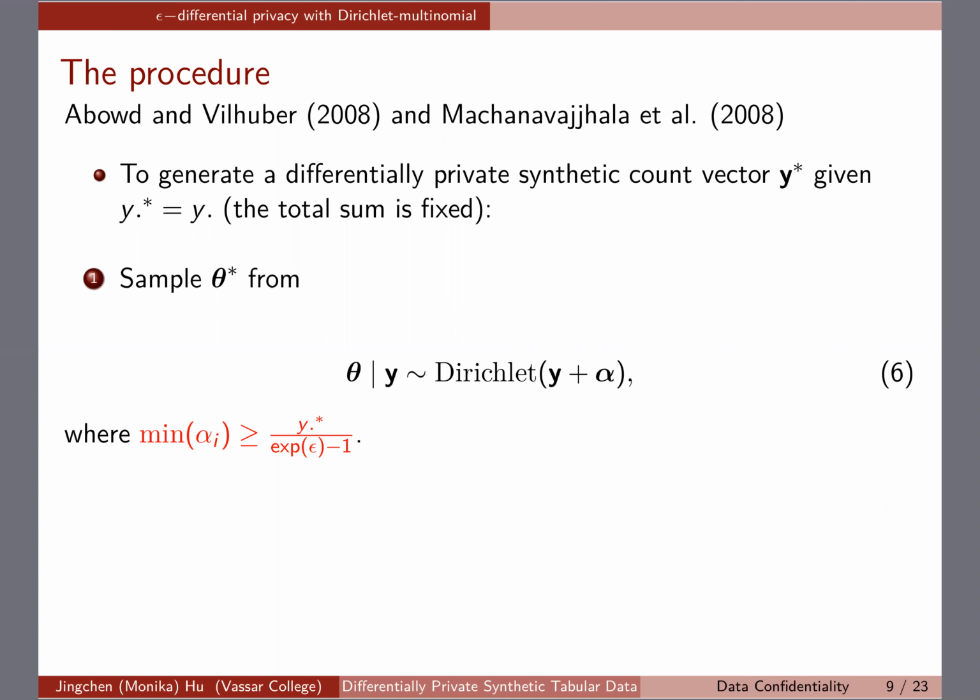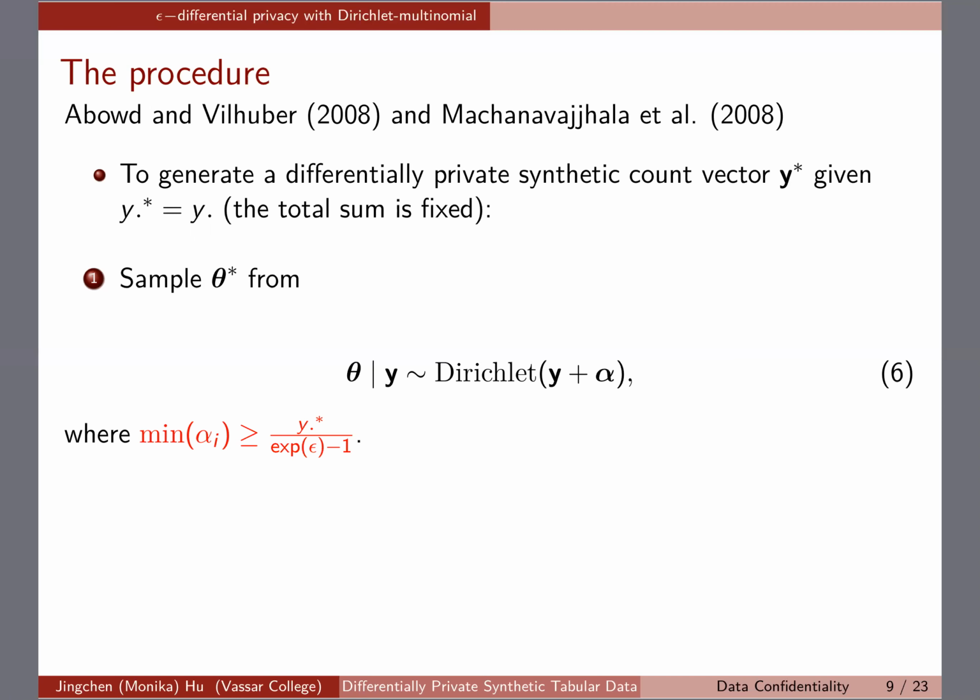We're saying that first of all, you sample theta star from its posterior, but it's a very special posterior in a sense that we have to make sure that our prior satisfies this requirement. So the requirement is saying that the minimum of alpha I, so again, we have this index I because alpha is a vector of length capital I because that's how many categories there are, okay?